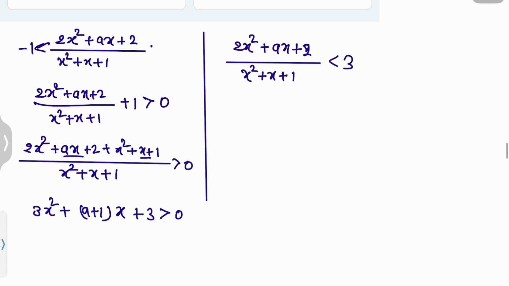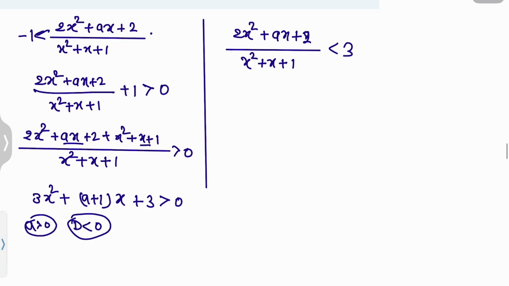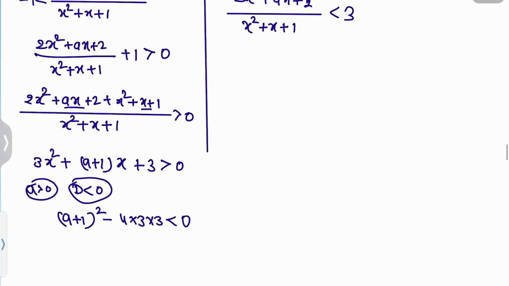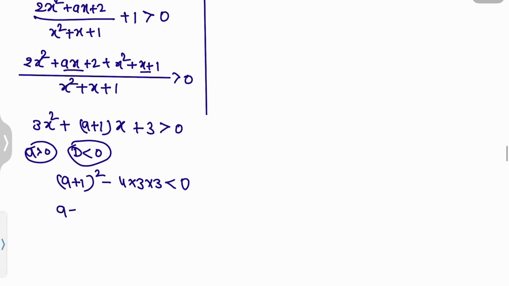The same condition: any quadratic greater than 0 means a is greater than 0 and D less than 0. Check the D. So apply the D condition: (a plus 1) square minus 4 times 3 into 3 less than 0. So (a plus 1) whole square minus 4 into 3 into 3, which is 36, less than 0.